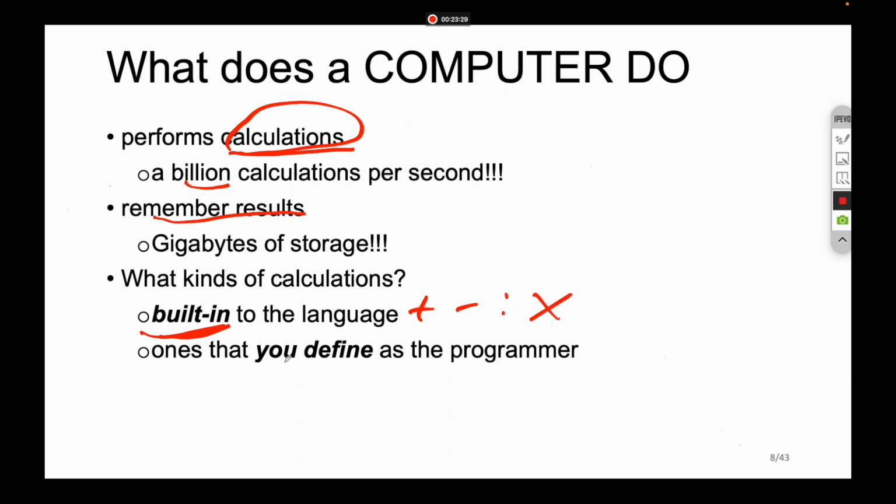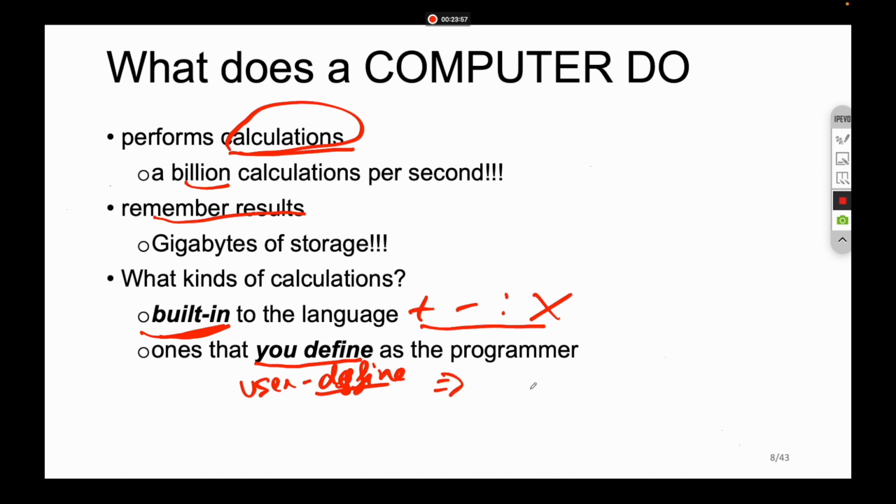And the last one we call user-defined. It means this calculation is decided by yourself, of course based on the basic operations.